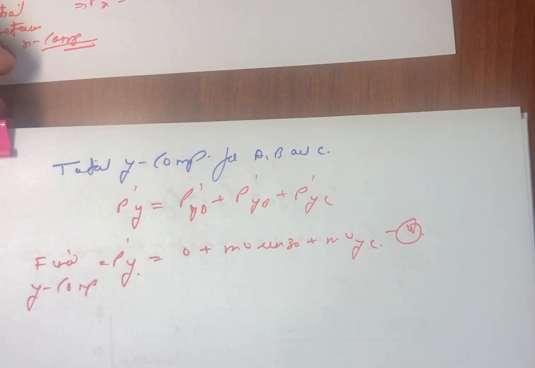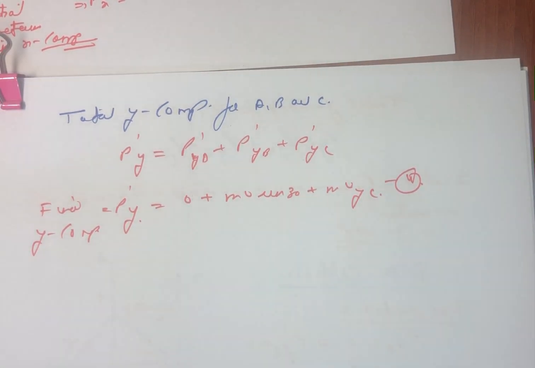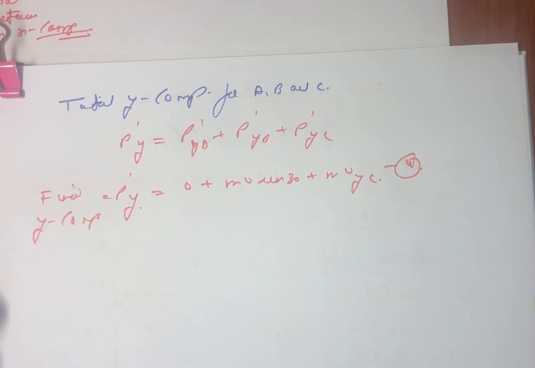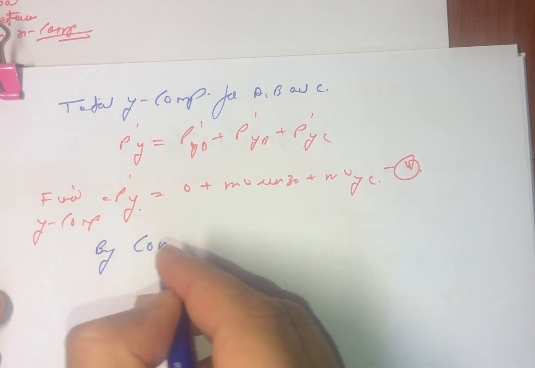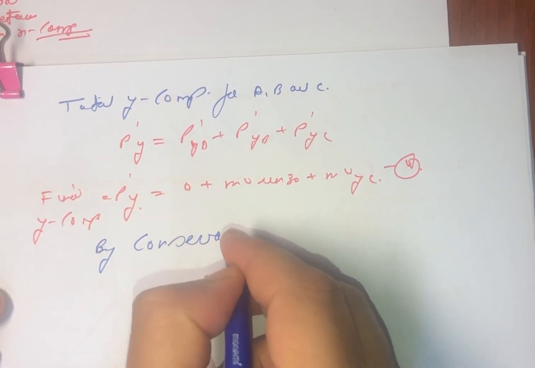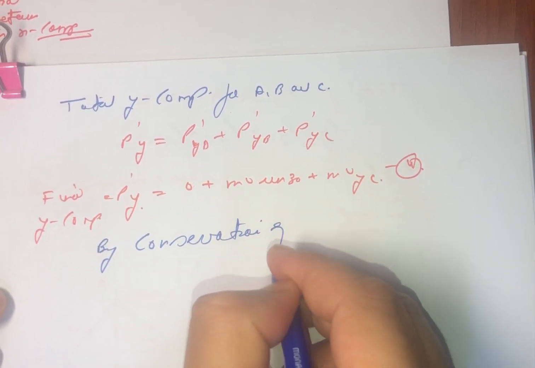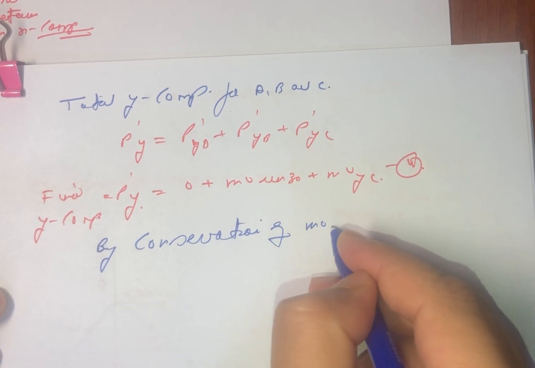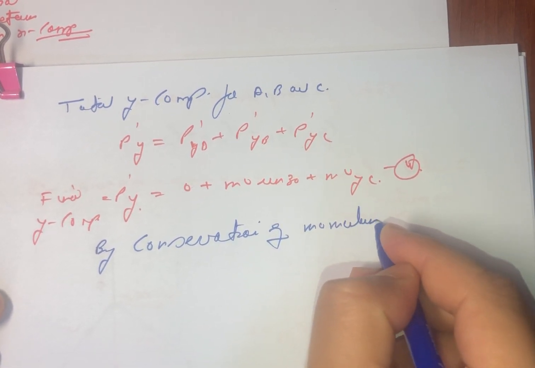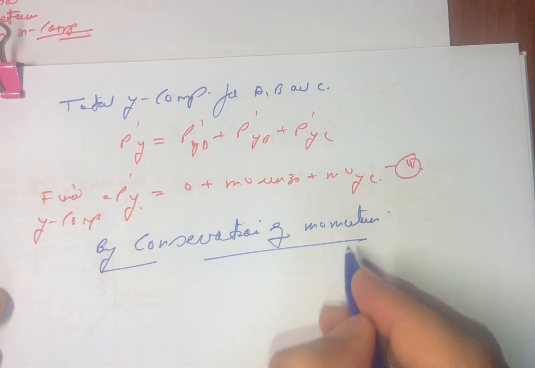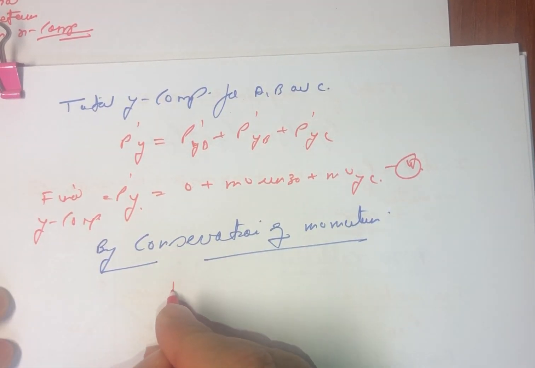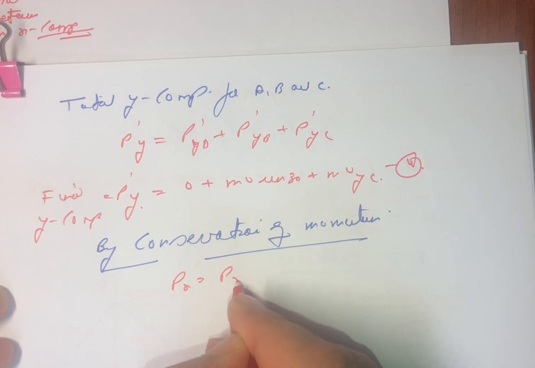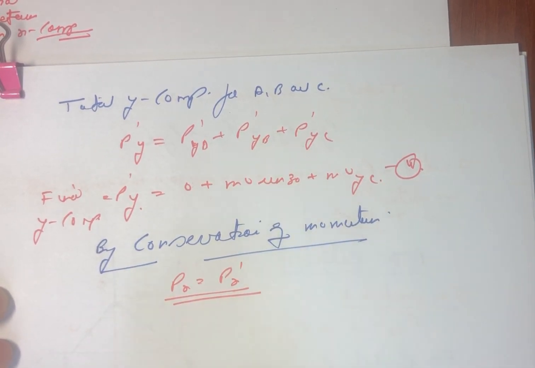Now equating the initial and final x component as well as y component. So by conservation of momentum, we can say px is equal to px prime.